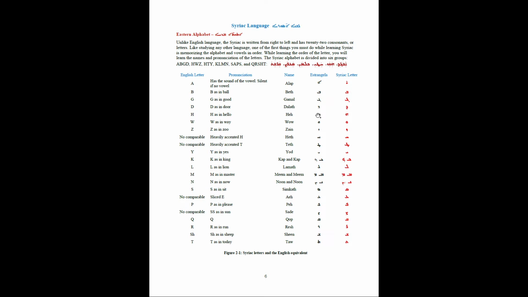Only 6 of these letters have a different shape in Estrangelo. He, H. Wow, W. Zain, Z. Hath. I don't have anything in English for Hath, but most likely it is a heavily accented H.